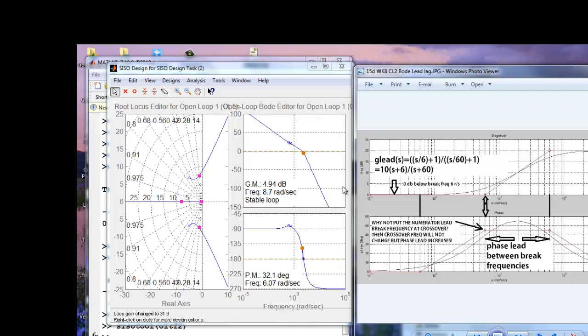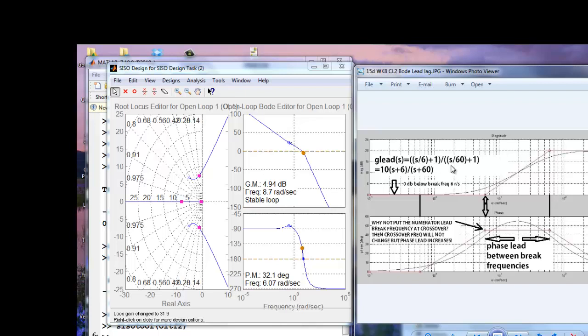And we've chosen, of course, a gain of 30. That's not shown here. But then we have a break frequency of 6, which is our crossover frequency. So the Bode plot gain curve will be 0 dB below 6. And then it asymptotically will go up at 20 dB per decade. That's this numerator term, S over 6 plus 1.